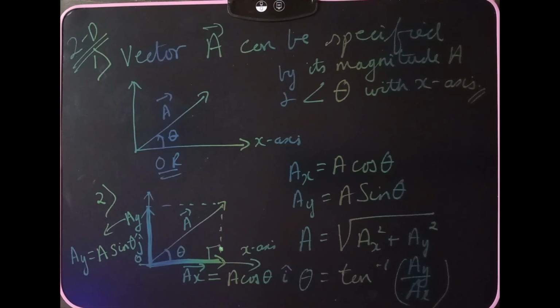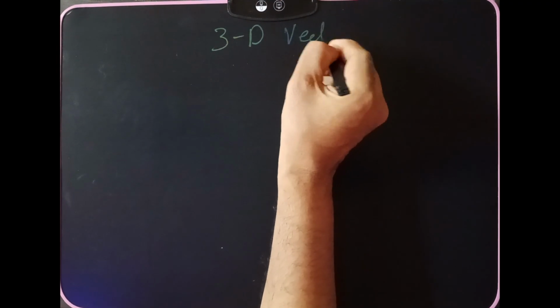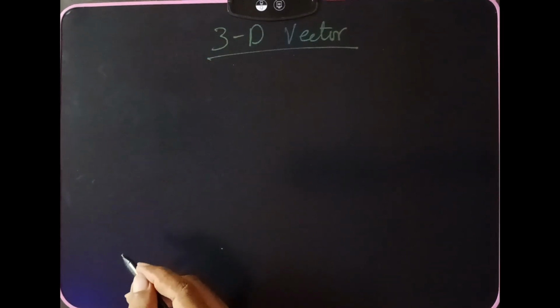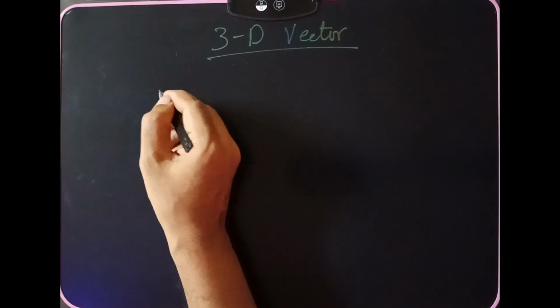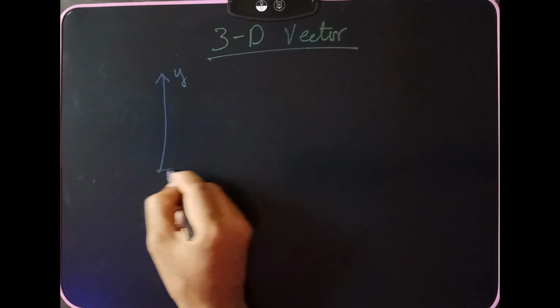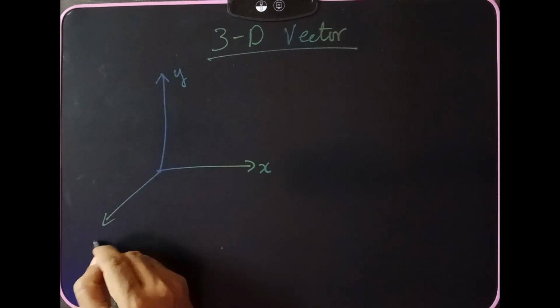Now we'll see three-dimensional resolution. I'll clear this out. Three-dimensional. Now we'll have another component called z. So we'll have one component y, the x component, and then the z component.